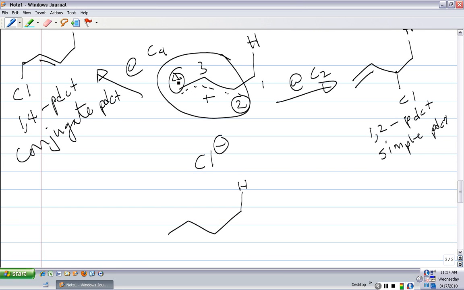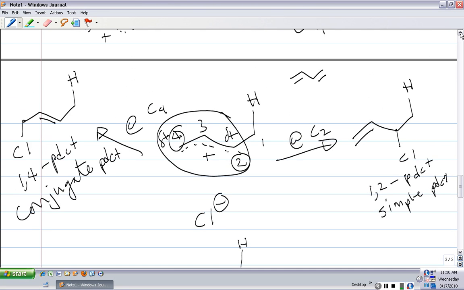But in reality, although that's true, is the dipole on C2 exactly the same as the dipole on C4? In other words, I could put a delta plus charge here and a delta plus charge here, but is the size of delta exactly the same? And the answer is no. One of these carbons is way more positive than the other. So let's see which one.